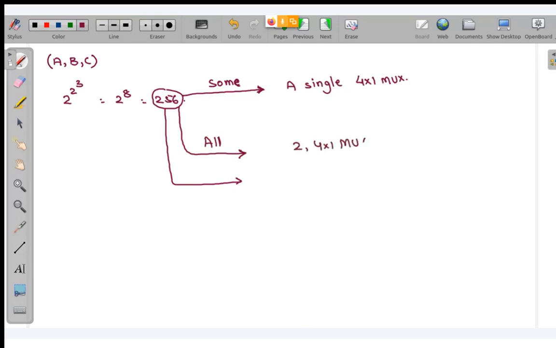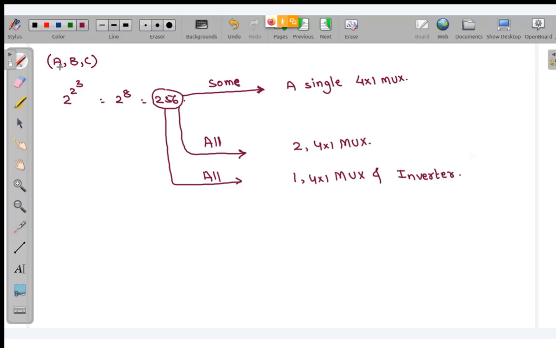Or all the 256 functions using two 4 cross 1 mux. Or all the functions can be constructed using one 4 cross 1 mux and an inverter. I can construct it using an inverter and one 4x1 mux. Why?